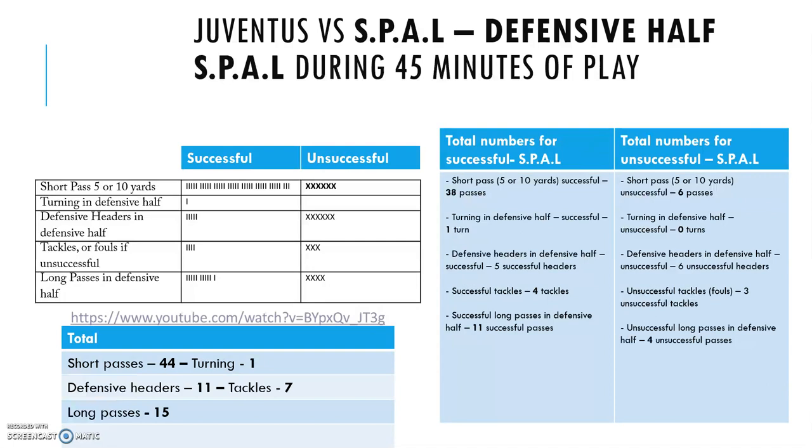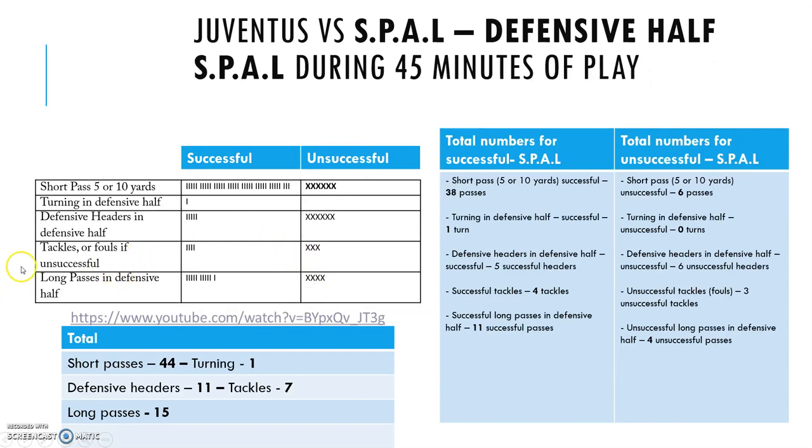They made 11 of these defensive headers in the first half, so they did quite a lot of defending in terms of trying to stop Juventus from scoring more goals than they already did. Tackles, they did 4 successful tackles in their own half, and 3 unsuccessful tackles that maybe led to fouls or free kicks.